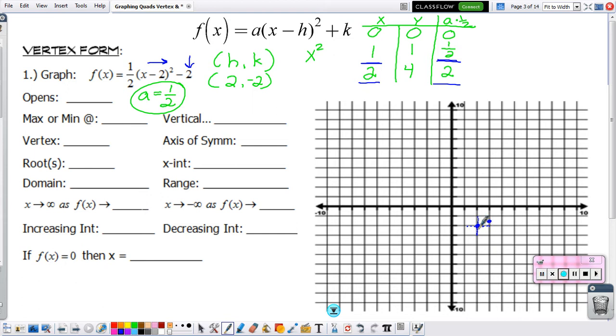I also use a point of symmetry there, can go over -1 and up 1/2. Notice I'm using the vertex as my starting point. Okay, the next point, 2, 2. So from the vertex, I'm going to go over a +2 and go up 2. Okay, go over a -2 and go up 2.